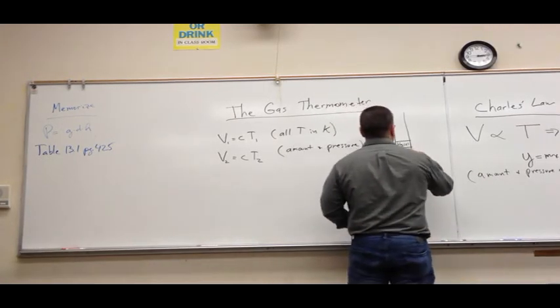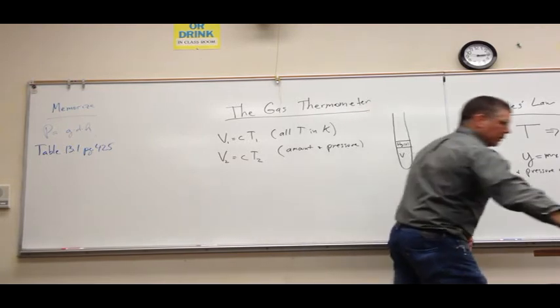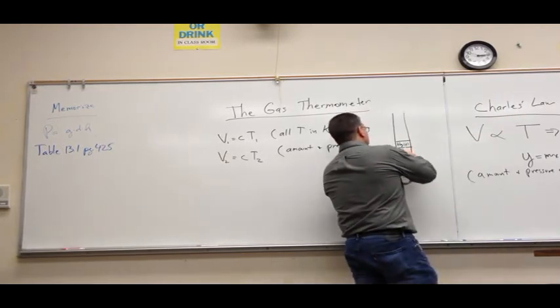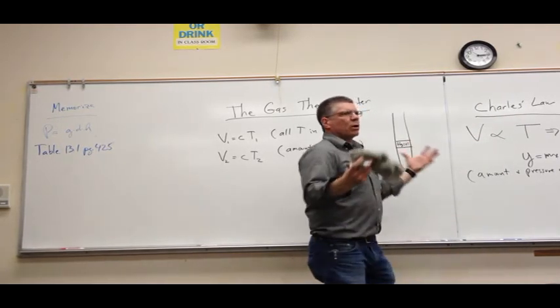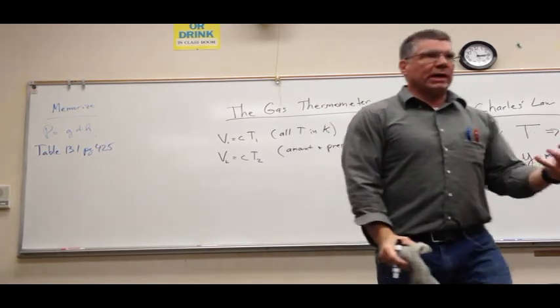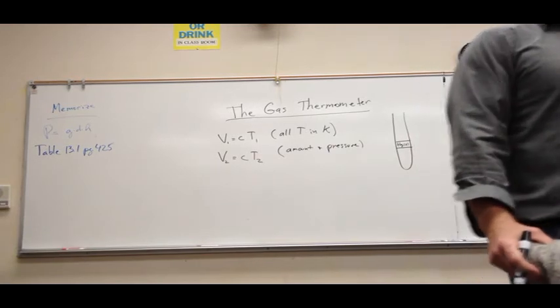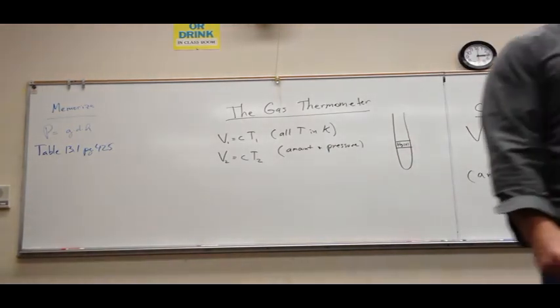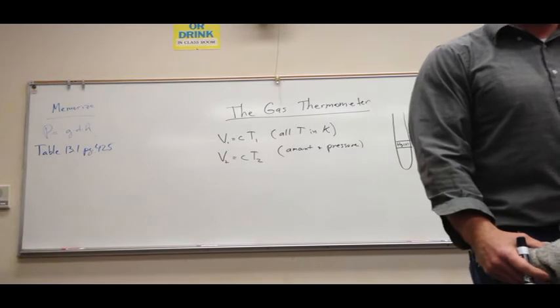Before we do that, when we take this tube and put it somewhere where we know what the temperature is going to be, one of the things that we know is what's called the ice point, the temperature that ice melts and that water freezes. Right?